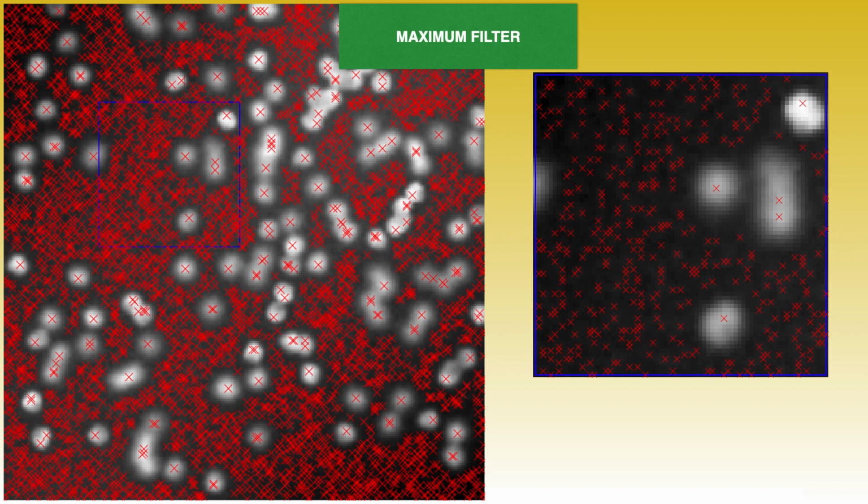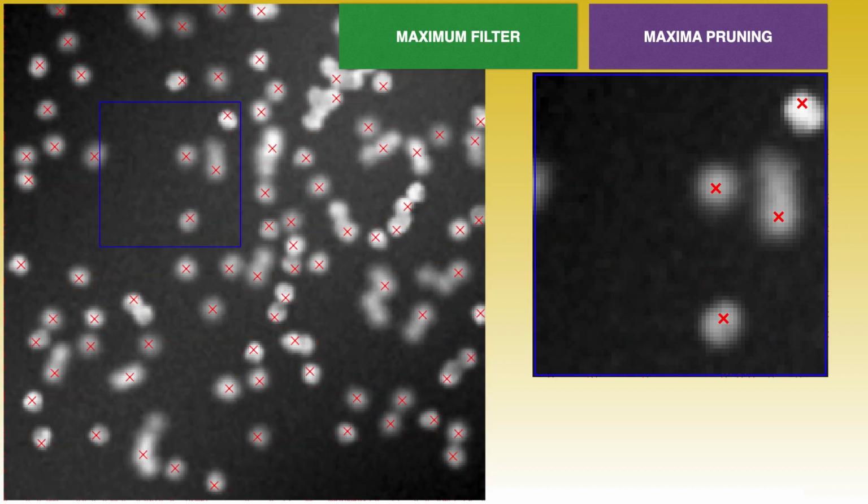So we need to do some kind of pruning to reduce this list of candidates to the more meaningful peaks in terms of what we're after. So what we're going to do is some maxima pruning, and this will search through all of those peaks and find certain peaks which fulfill criteria of our choosing.